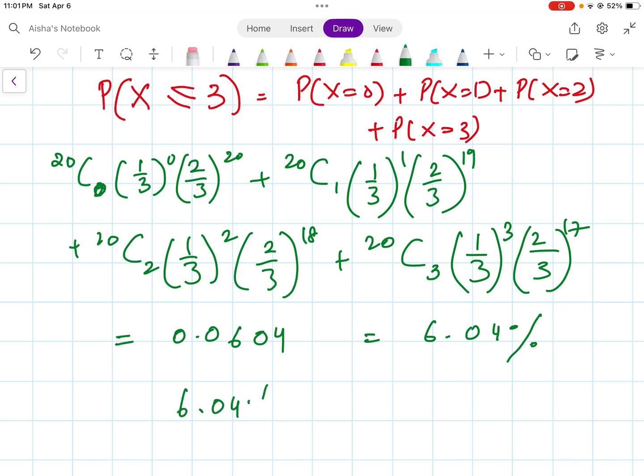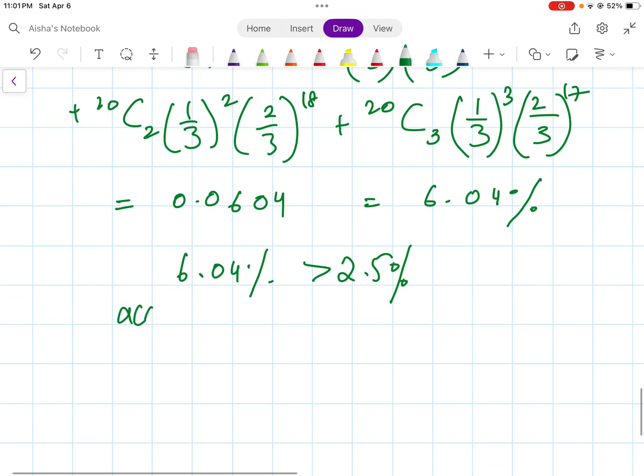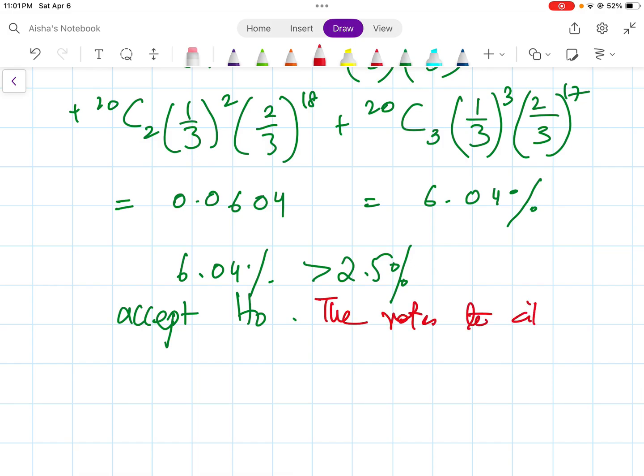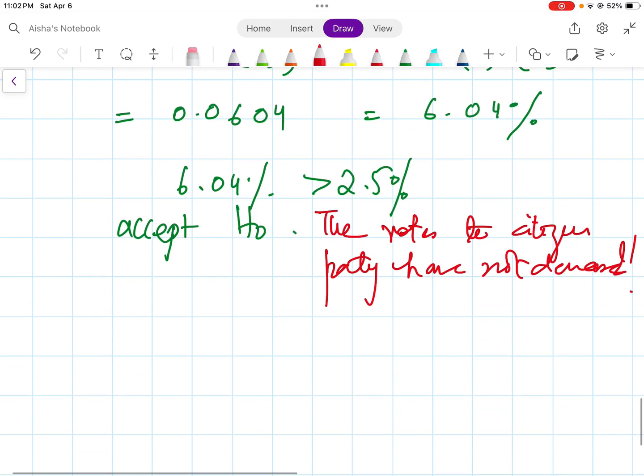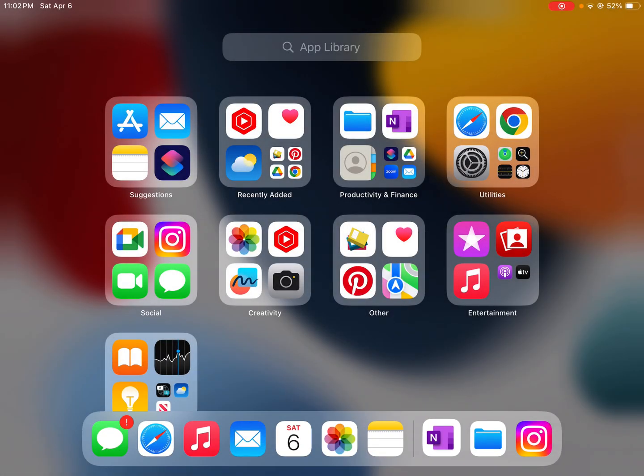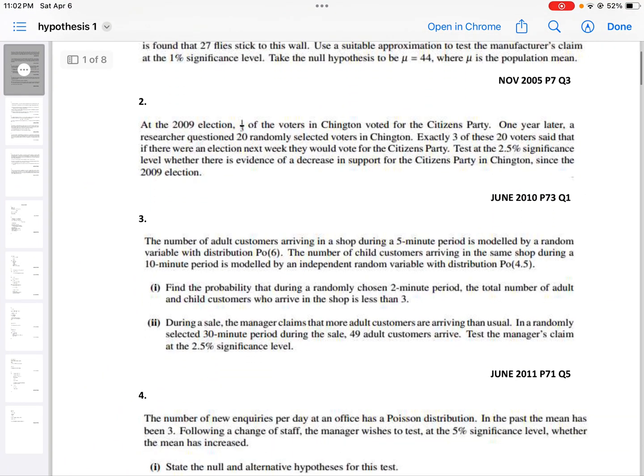Now this percentage is way more than 2.5%. So we say accept H naught, that is, the votes for the Citizens Party have not decreased. That's my conclusion. So over here we were just doing binomial testing. Now let's find out a couple of more difficult questions.